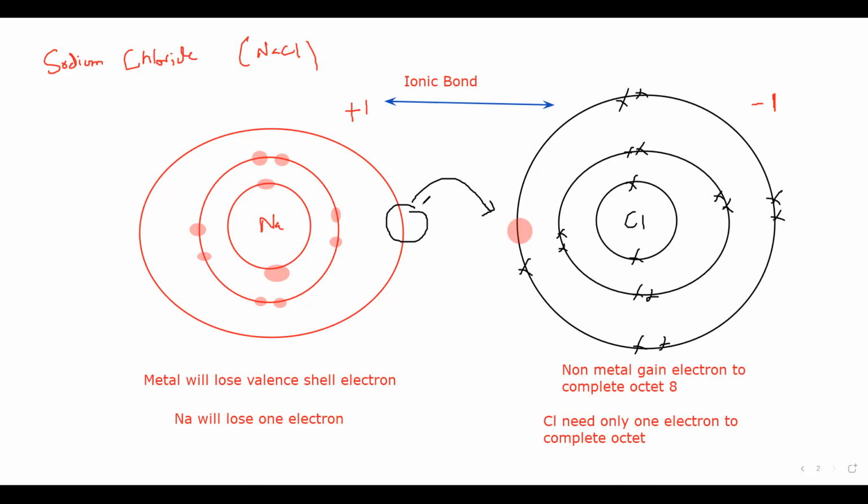Right, and a non-metal should complete the last shell. If we transfer both of them, it will make another shell. So we should transfer more so it can complete that third shell. I got your question. In that case, it will have two non-metal atoms. It's not necessary only one. It may have 2 or 3 non-metal atoms.